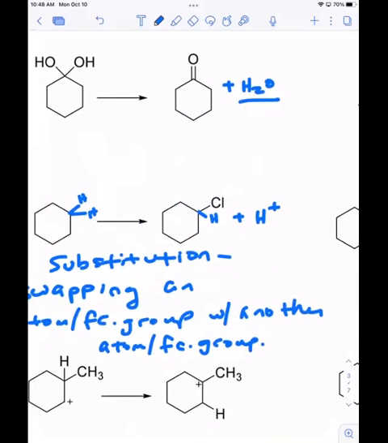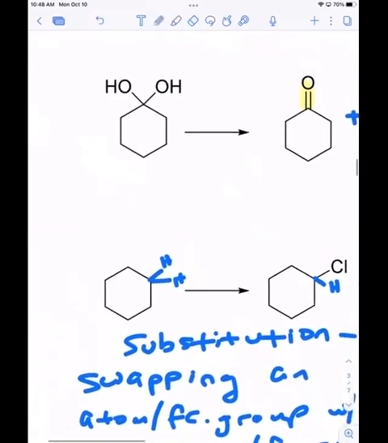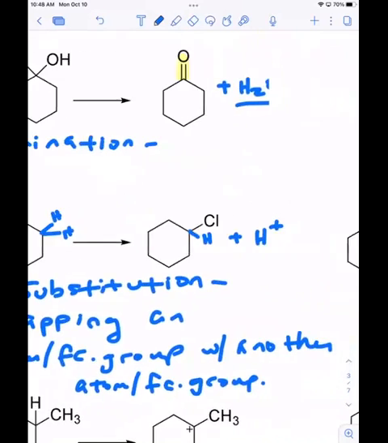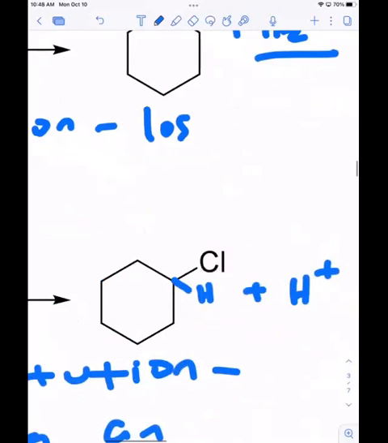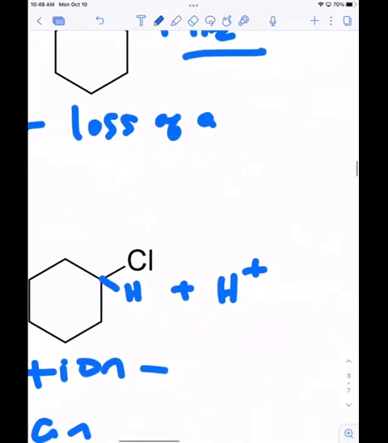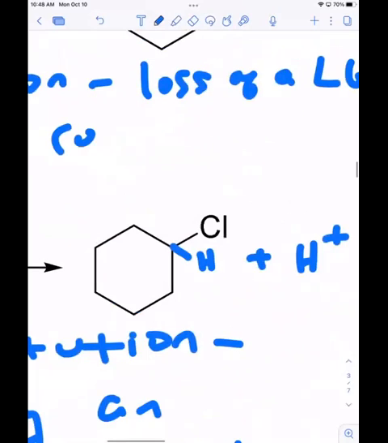This is an example of what we call an elimination. An elimination is the loss of a leaving group, and we're going to do a whole section on elimination, resulting in the formation of a pi bond.